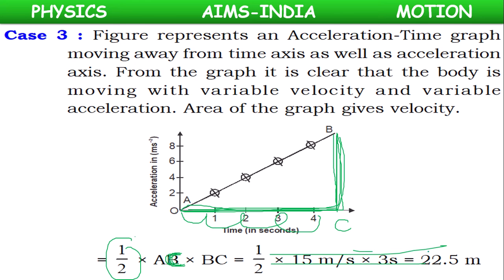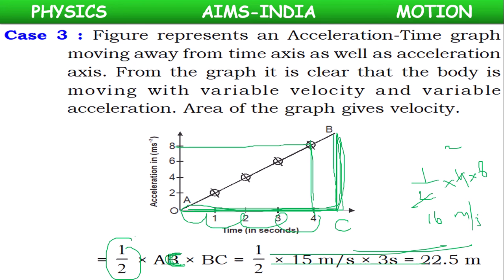So half into AC value, if we take up to here, AC value will be 4 and BC value will be 8. So half into 4 into 8, which is 16 meter per second. 16 meter per second is the velocity of the body.